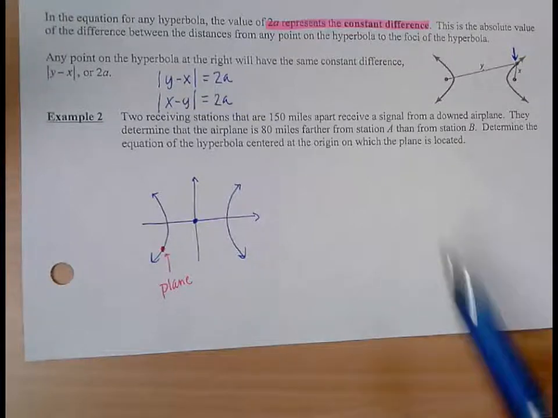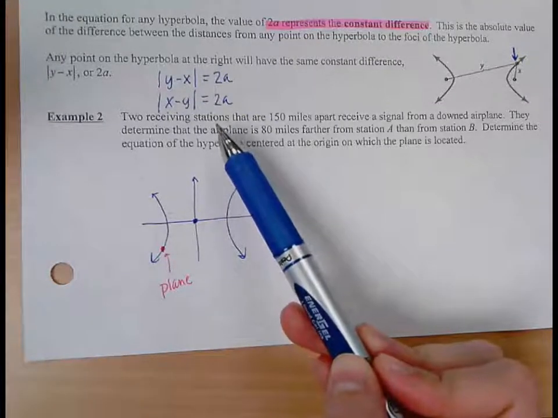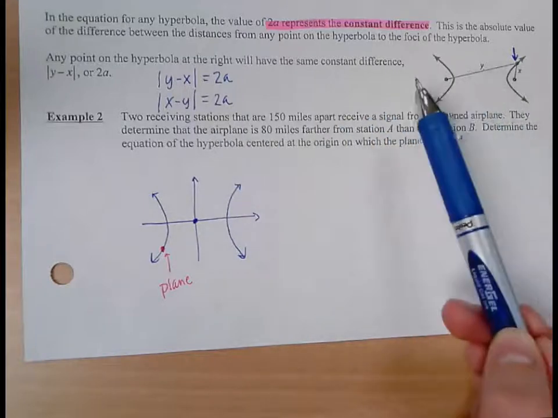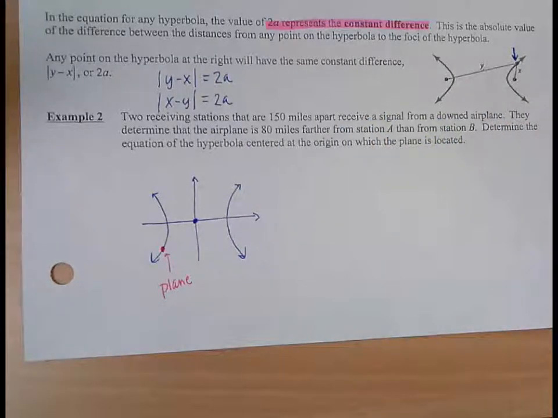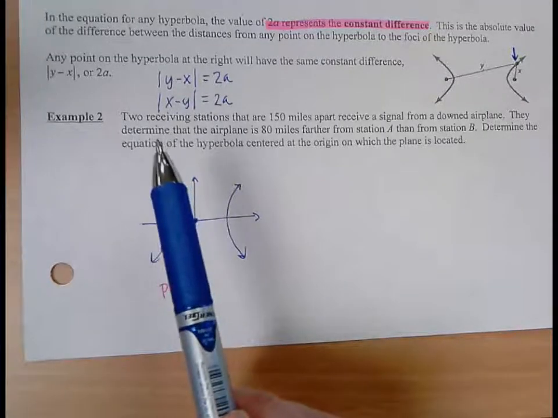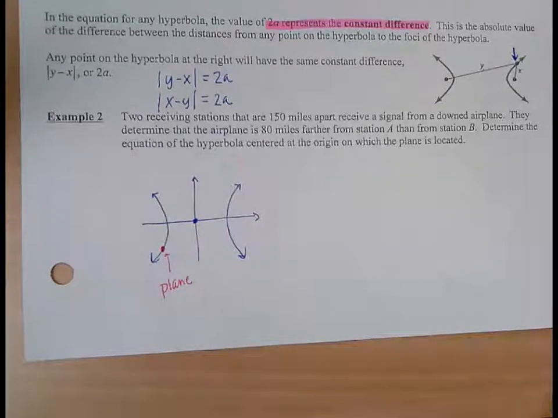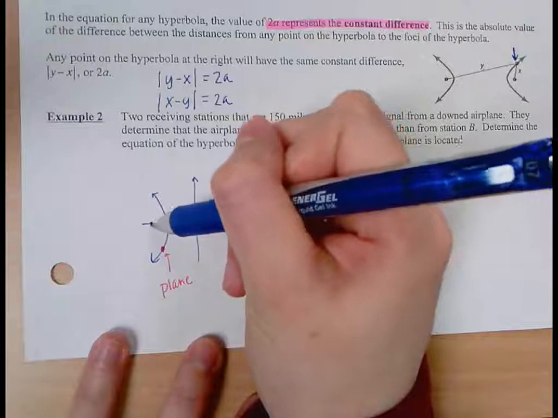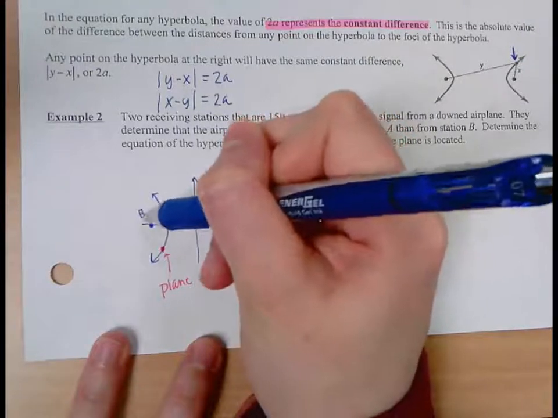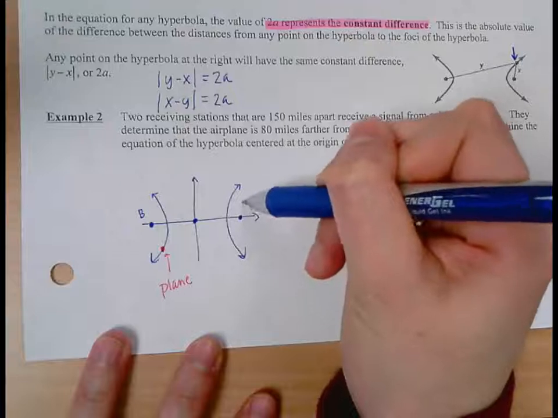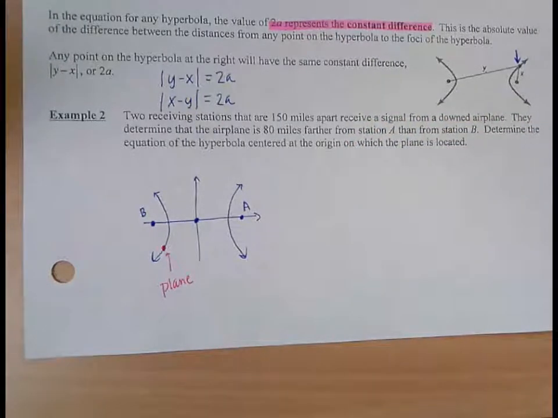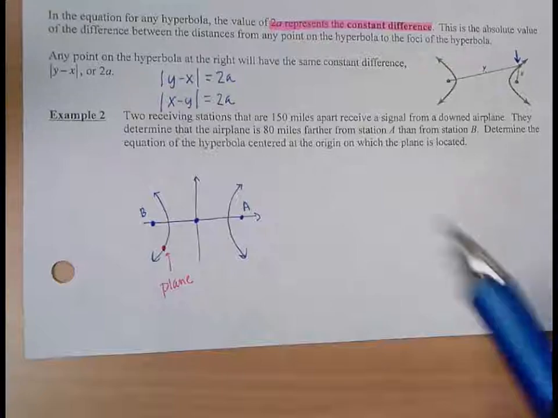So the two receiving stations they're referring to would be the foci of that hyperbola. And they're referencing station A and station B. It does say that the airplane is 80 miles farther from station A than from station B. So if I wanted to make this diagram more accurate, I would call the left focus station B and the right focus station A. It's farther away from station A. But I know that these two stations are 150 miles apart.